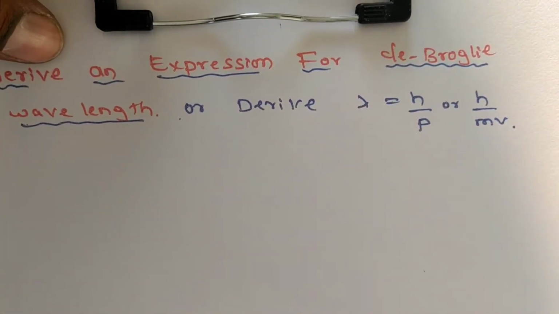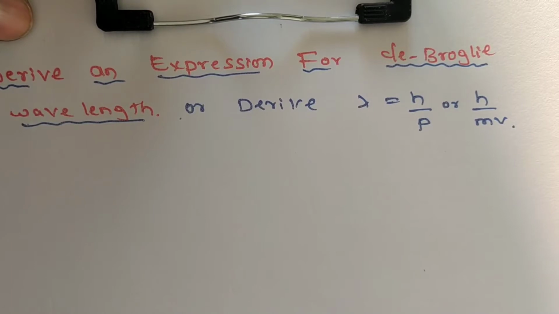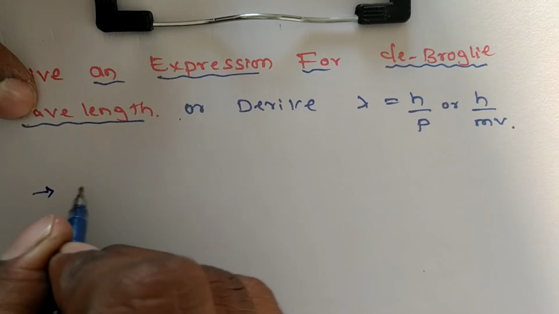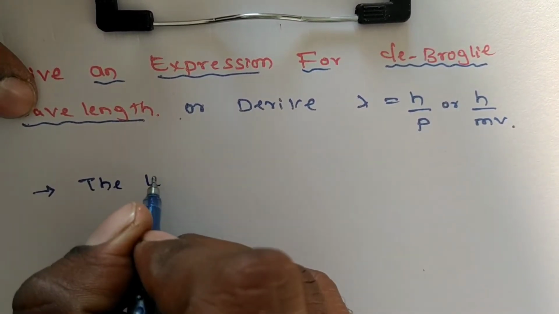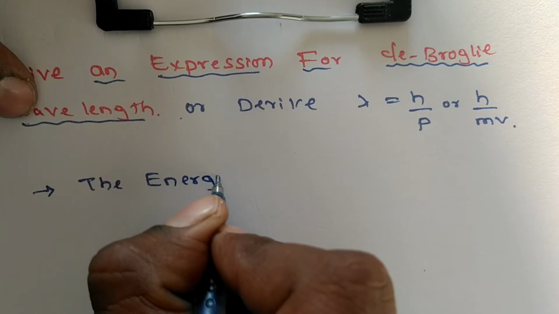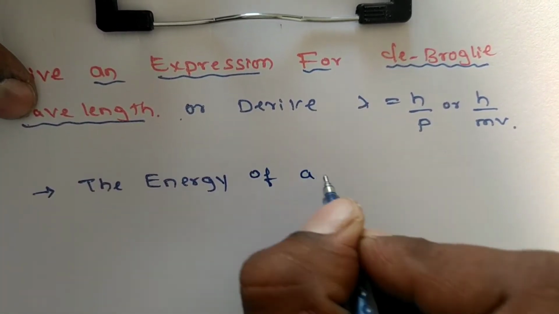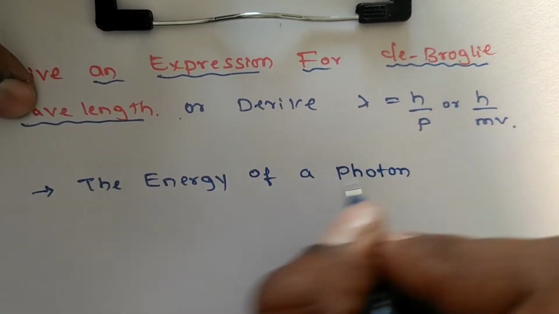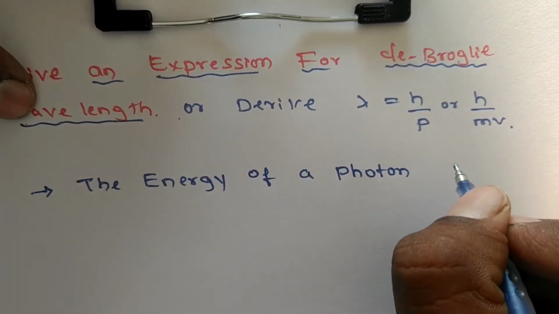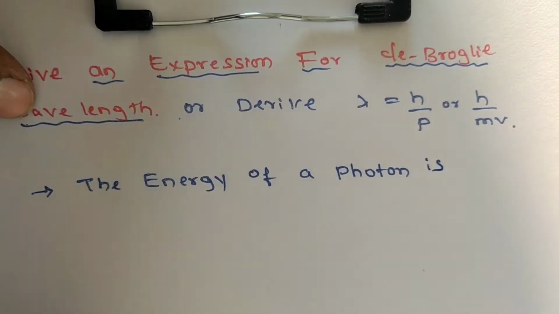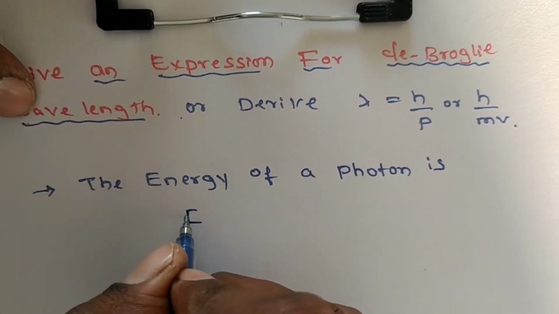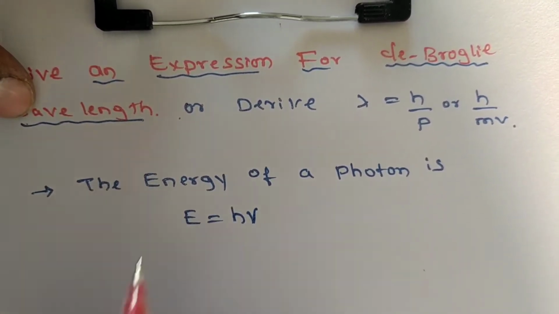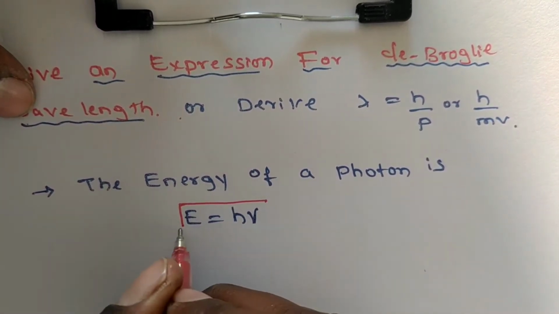Dear students, we already know the energy of photon equation. The energy of a photon is E is equal to h nu.